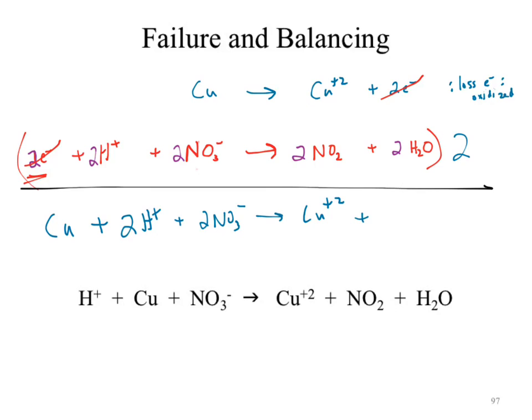Oh, I remember what went wrong with this one. 2NO2 plus 2 H2O. Yeah, I know exactly where this one becomes a problem. We're going to kind of leave it hanging on that one. This was a poor example, but we've balanced out our electrons to make sure they add across.